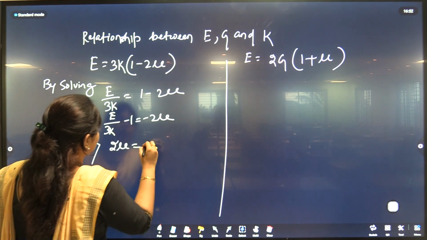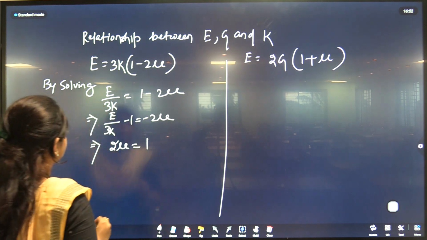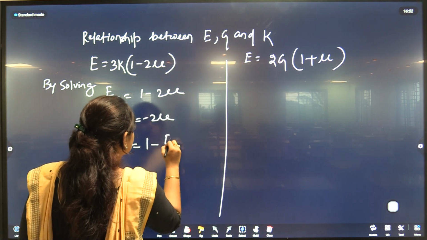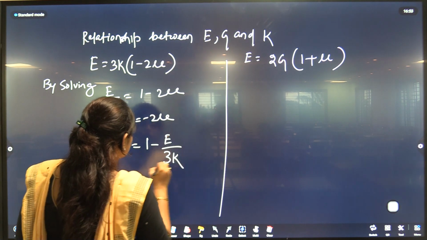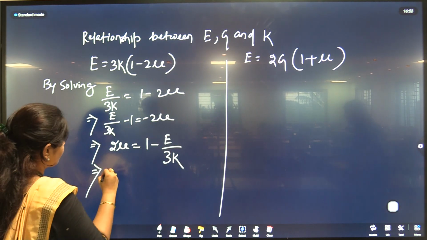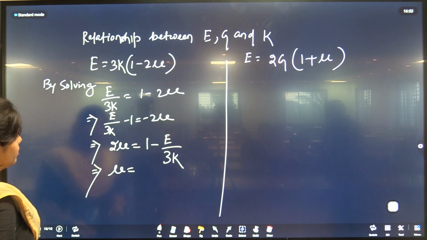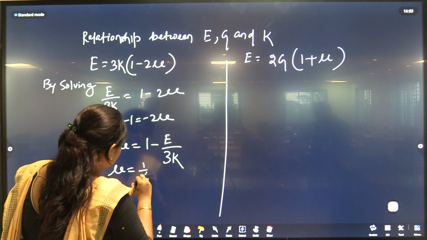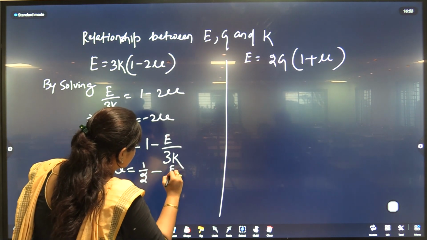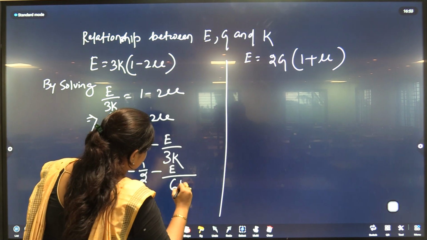Two mu will become 1 minus E by 3K. Mu value will become 1 by 2 minus E by 6K.